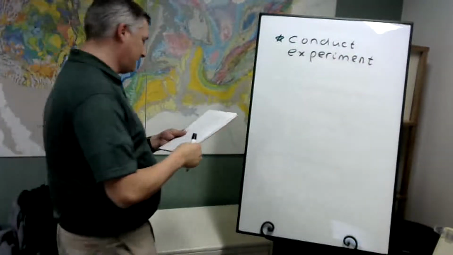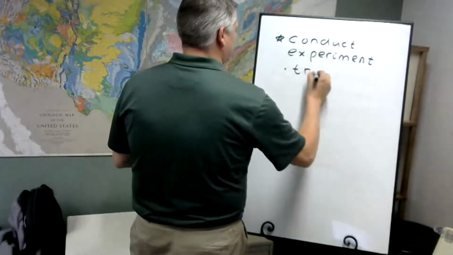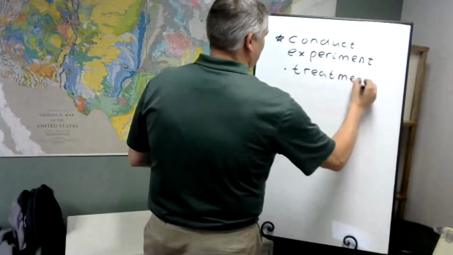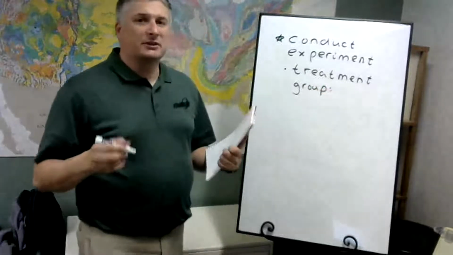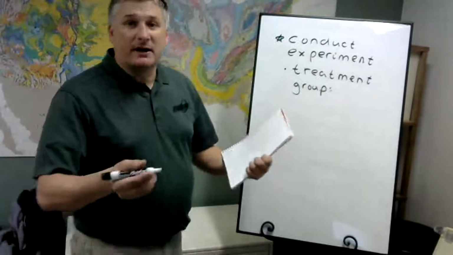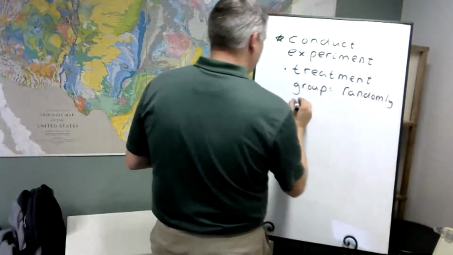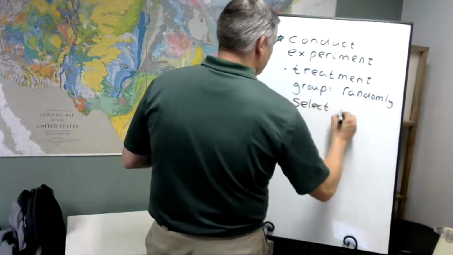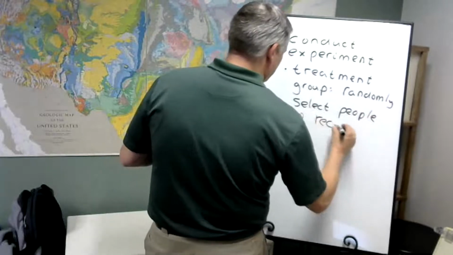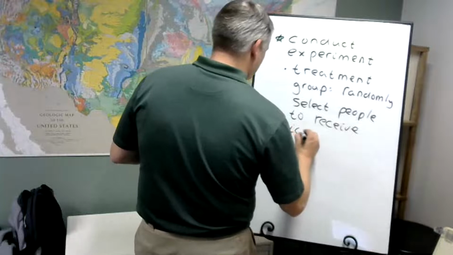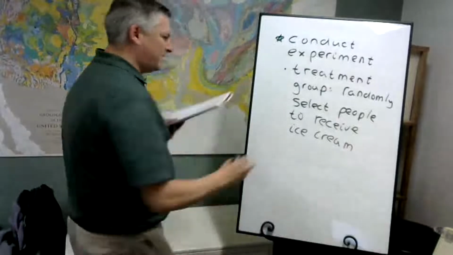And so what we could do is this. We create a treatment group. We randomly select people to receive a lot of ice cream. And then we come up with a placebo group.